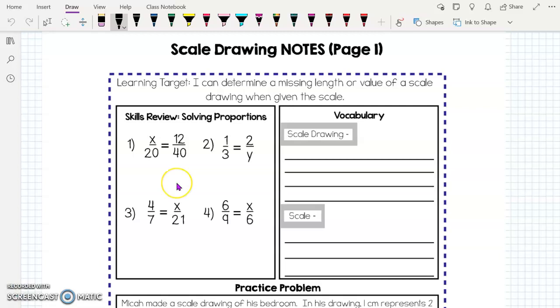Hey guys, so welcome back. So to solve these proportions, we want to cross multiply and divide. So if we cross multiply, we would have 40x, 40 times x, and then we would multiply 12 times 20.